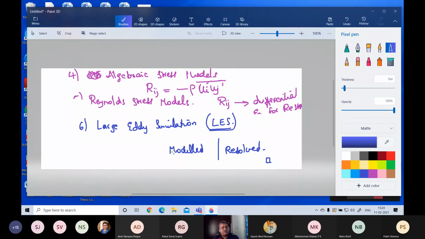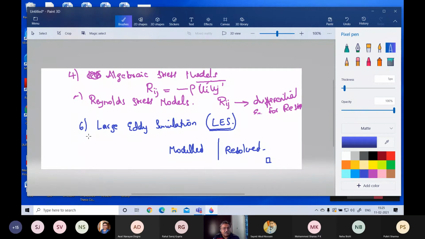It is extremely expensive, but the solution is that accurate.